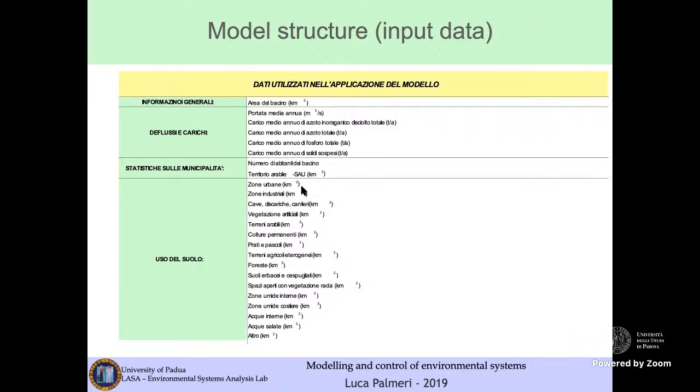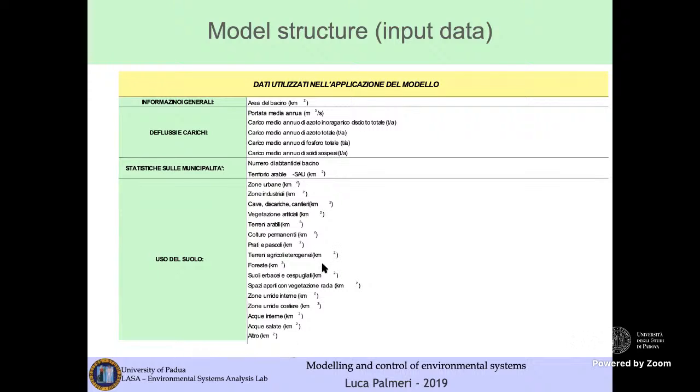Then, for each sub-basin, we shall include a large set of information. For example, the surface of urban areas in square kilometers, industrial areas, or vegetated or arable lands in square kilometers, or pasture lands, or forests, or meadows, or wetlands, and so on.